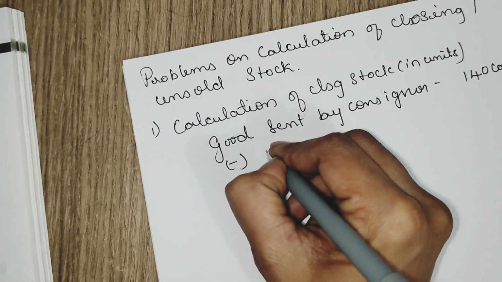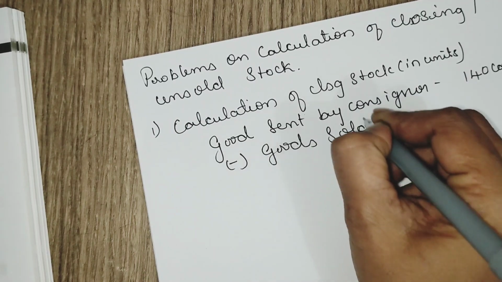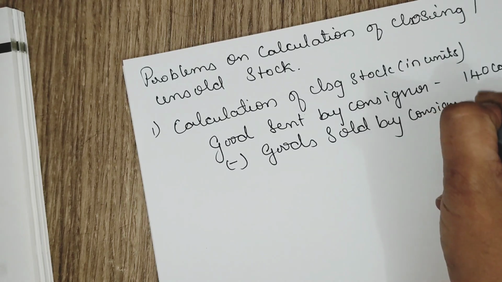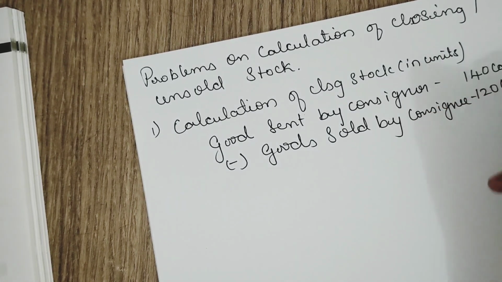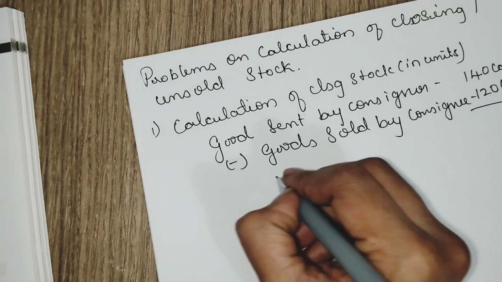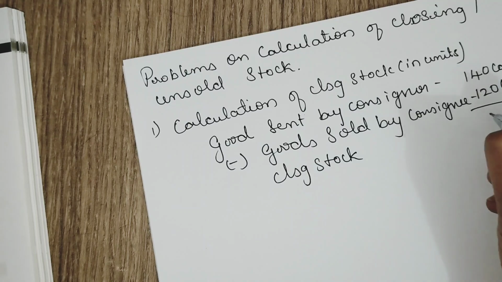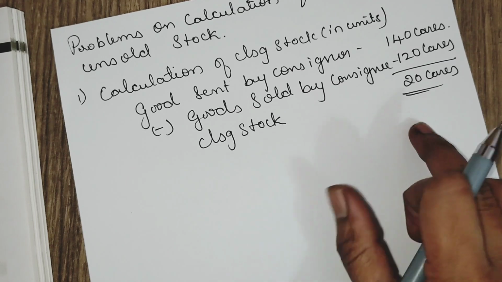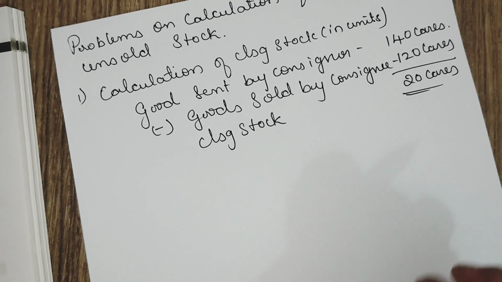From this, we deduct the goods sold by the consignee, 120 cases. The remaining is called closing stock. Closing stock is 20 cases. This is what we have calculated in units, that is, whatever units remained.